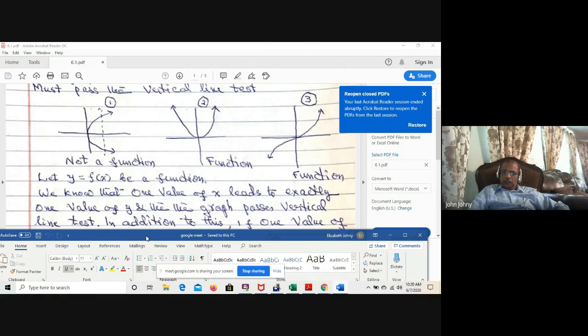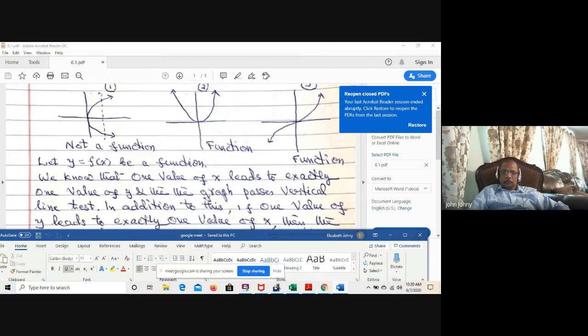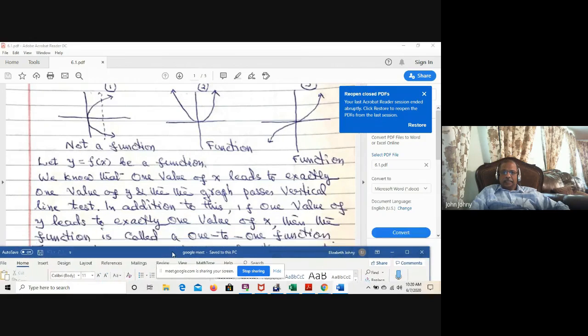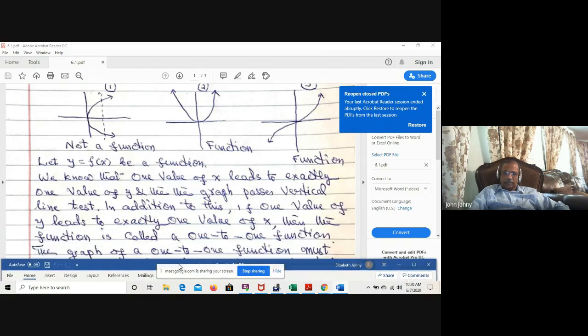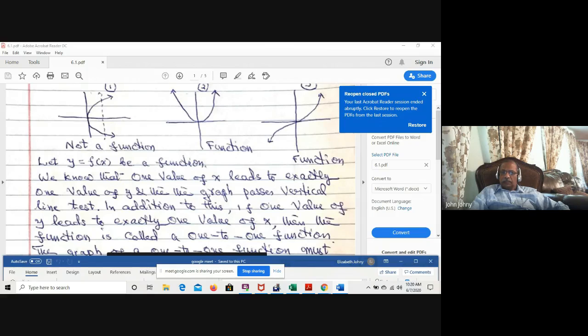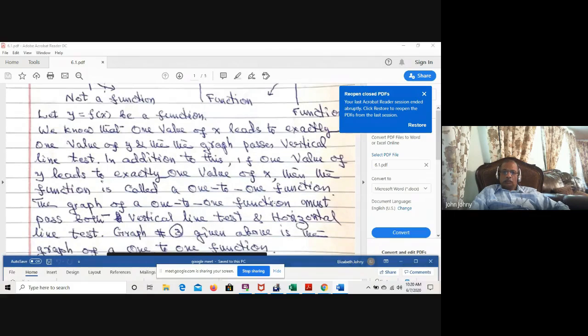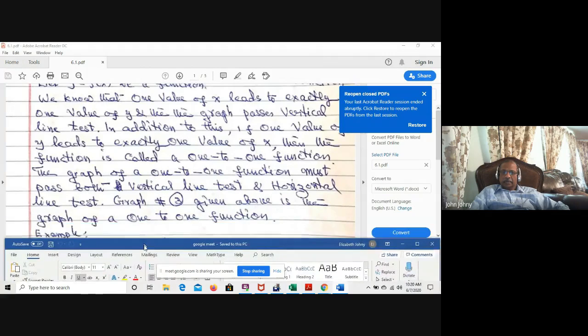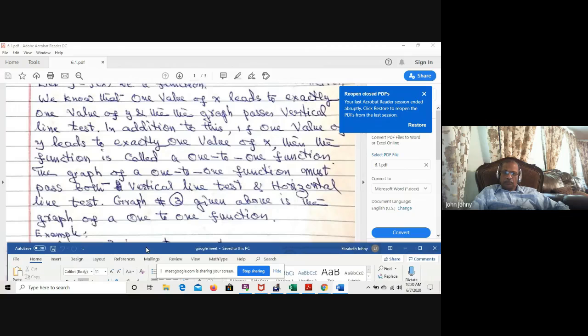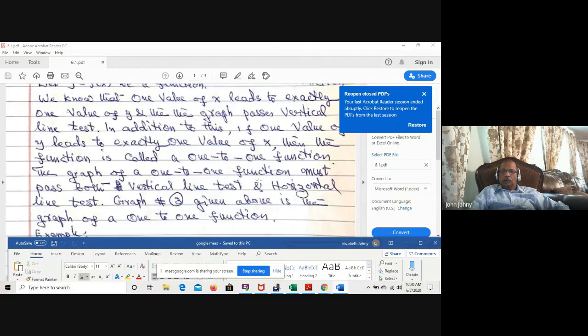In addition to this, if one value of y leads to exactly one value of x, then the function is called a one-to-one function. The graph of a one-to-one function must pass both the vertical line test and the horizontal line test. Graph number 3 given above is the graph of a one-to-one function.